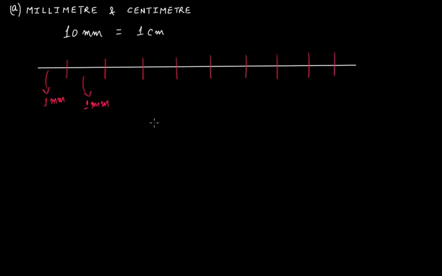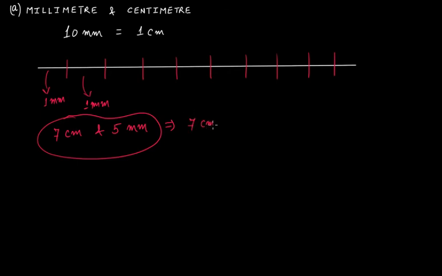Now each part is actually tenths, right? Each part is tenths, because this has been divided into 10 equal parts. If someone says to write in number in terms of centimeter, say you have 7 centimeter and 5 millimeter, you have to write it in centimeter. So you have 7 centimeter plus 5 millimeter.